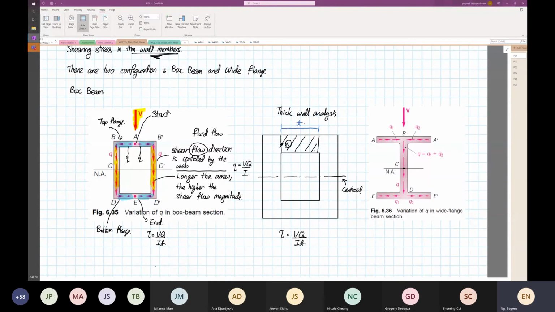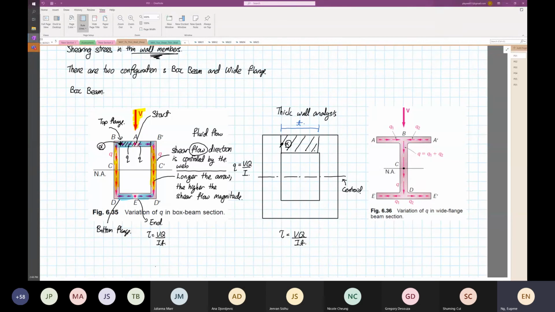For thin wall analysis, you have to consider this. Let's say now we want to find the stress over here, known as alpha. If you look at this, it's very similar. It's on the vertical flange, before the web. The first moment of area is also the same, it is also this area.